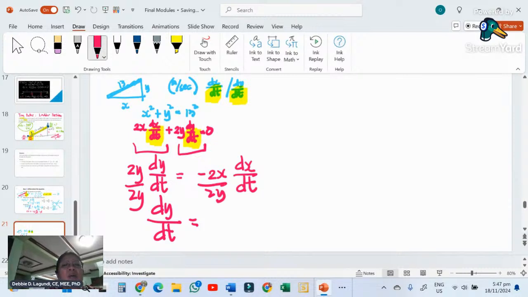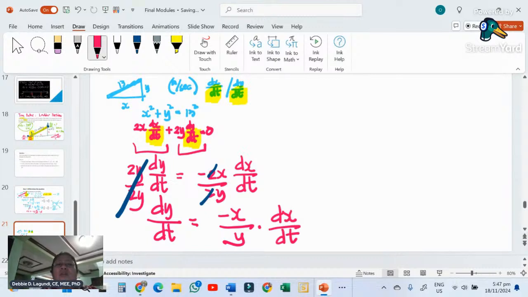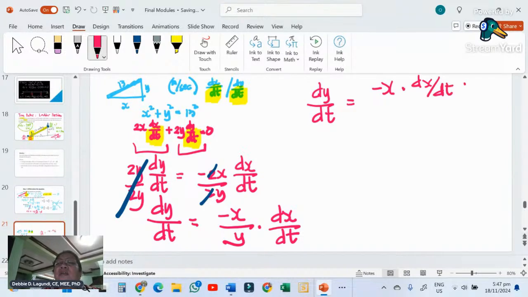So the 2 and the 2 cancel out, and we have negative x over y times dx over dt. You can also do it like this because you always have a question in this. This can also be rewritten as negative x times dx over dt, this is only one quantity, over y.